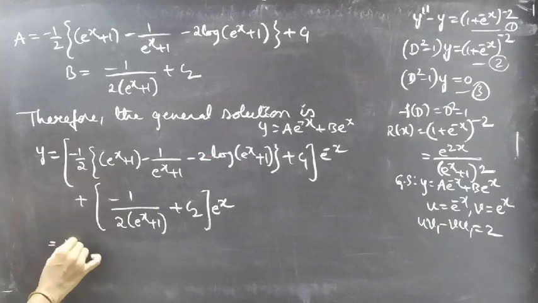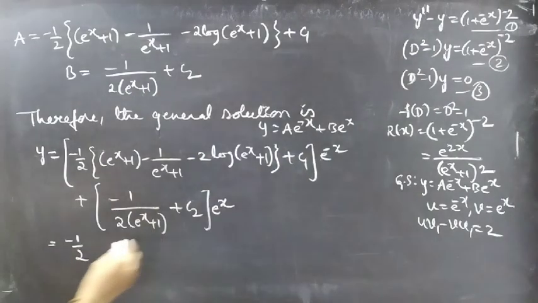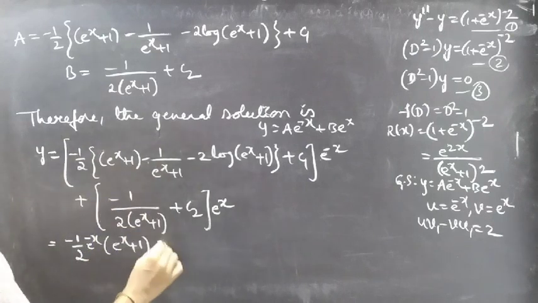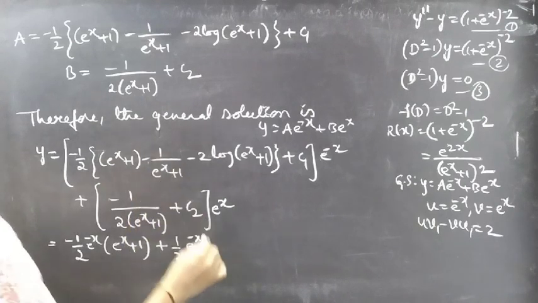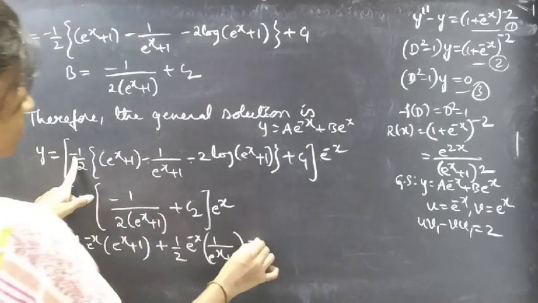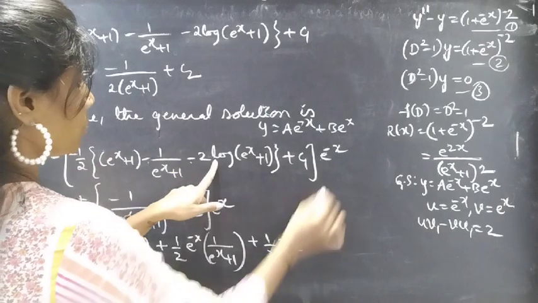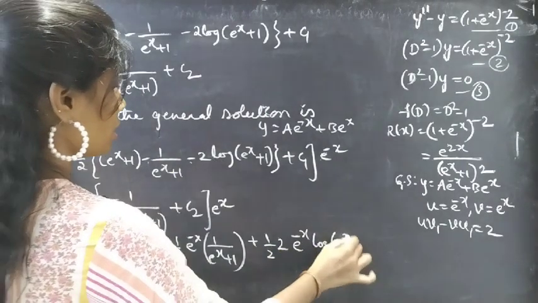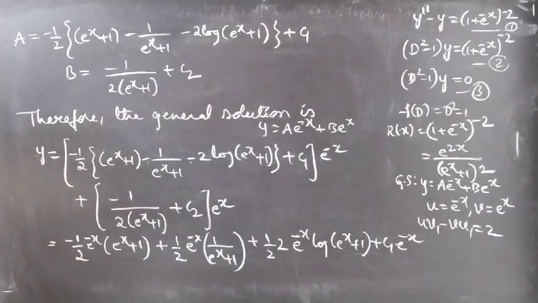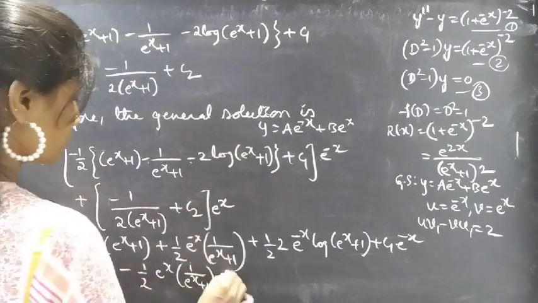This gives us minus 1 by 2 into e power minus x into e power x plus 1, minus into minus plus 1 by 2 into e power minus x into 1 by e power x plus 1, minus into minus plus 1 by 2 into 2 into e power minus x into log of e power x plus 1, plus c1 e power minus x, plus into minus minus e power x, or 1 by 2 into e power x into 1 by e power x plus 1, plus c2 e power x.